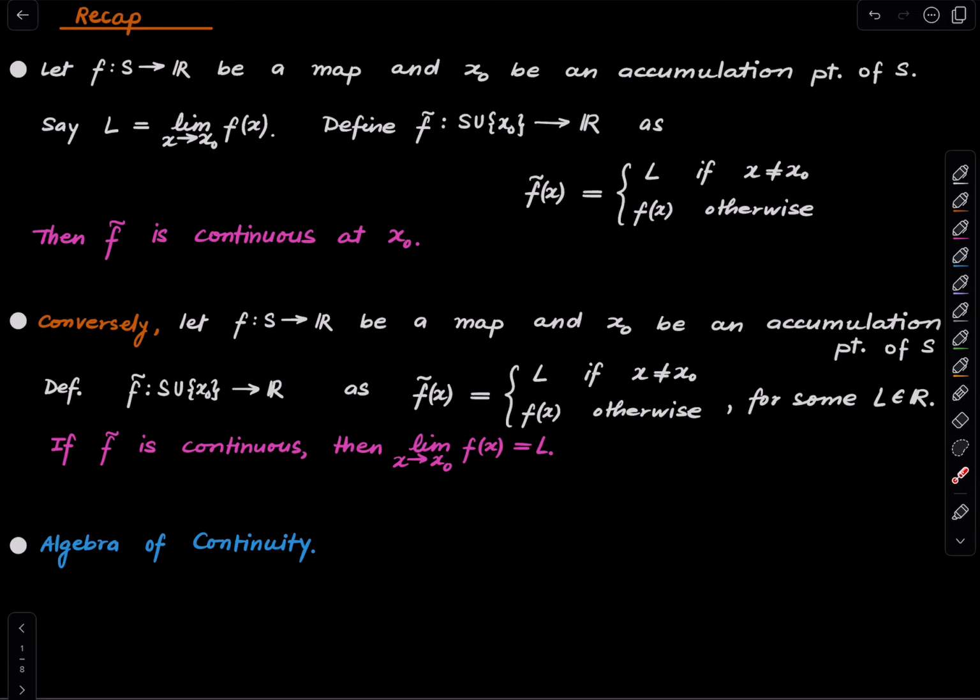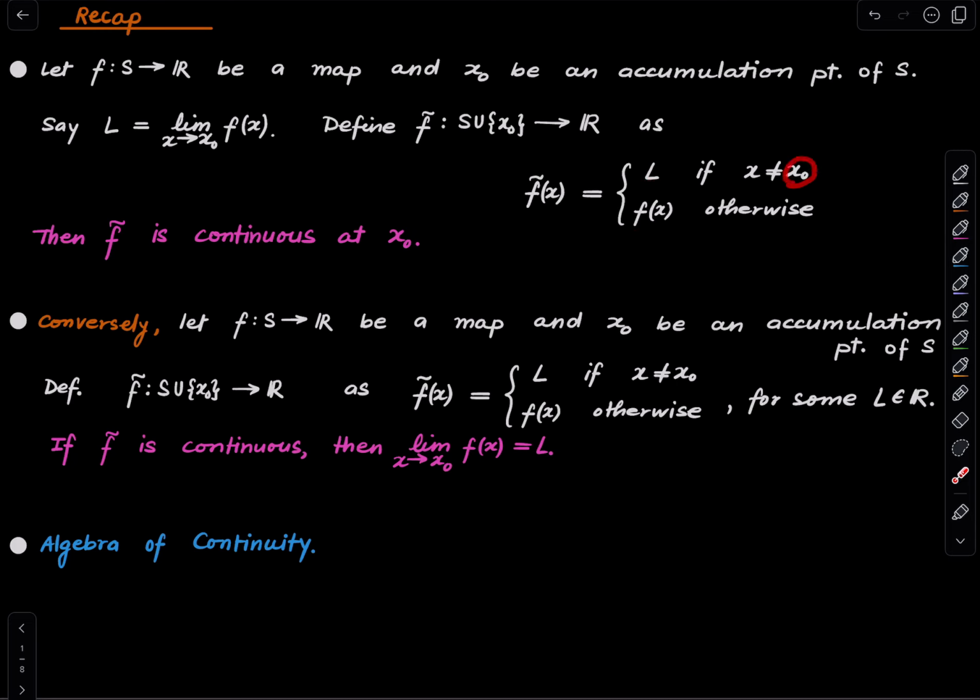So let me recall. Suppose we have a function from a set S to R, where S is a set of real numbers, and suppose x0 is an accumulation point of S. Assume that this limit exists and call it L. And define this function f tilde on this domain by replacing the value at x0 by L if x0 is in S, and preserving all the other values.